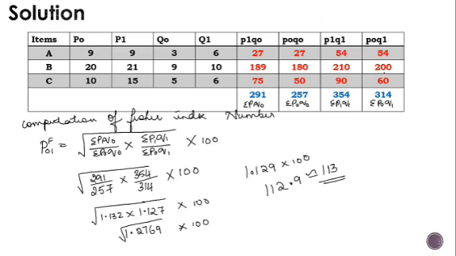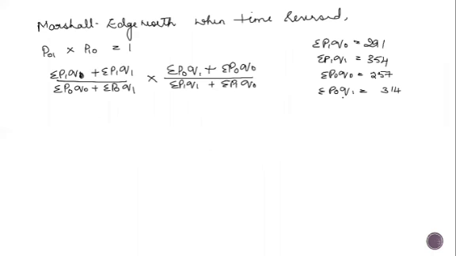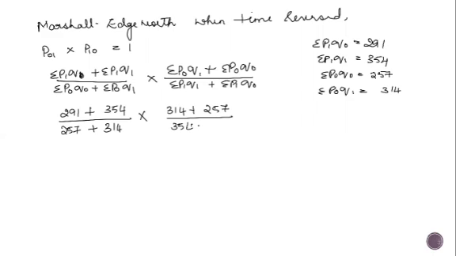So these are the values which we have calculated. I've written them here. So accordingly, we will substitute the values. P1 Q0, what is the value? It is 291 plus P1 Q1, it is 354, divided by P0 Q0, it is 257 plus 314, into reverse of it, which will give you 314 plus 257 divided by 354 plus 291 is equal to 1. So, you cannot directly cancel.